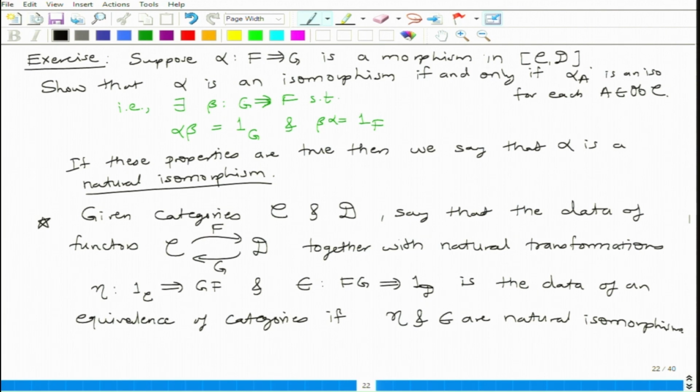Okay, perhaps a long-winded definition, but what we are saying is that C and D are two categories, they are equivalent if there are functors in opposite directions such that their compositions, GF and FG, we are not claiming that the compositions are equal to identity. Yeah, if it were functions, then we would have claimed that they are equal to identity functors.